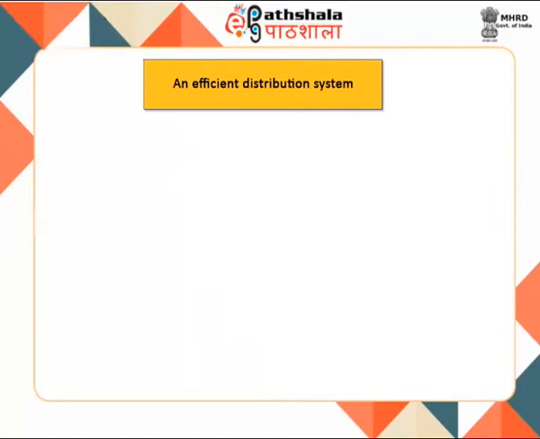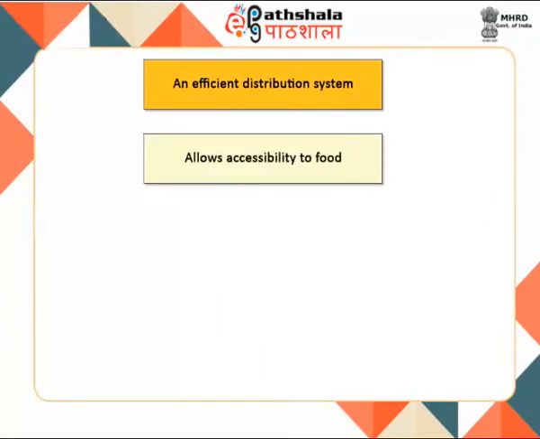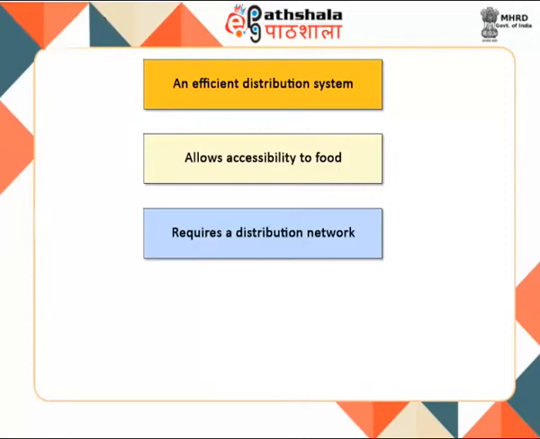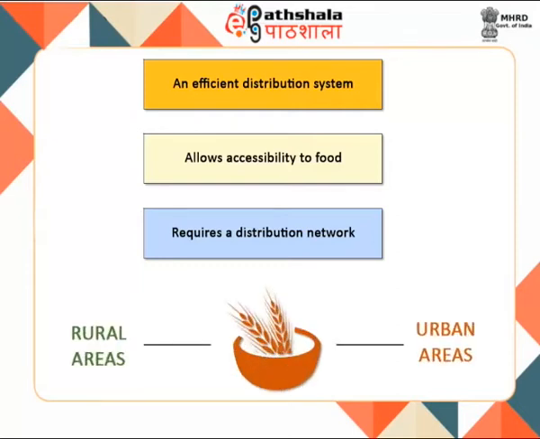An efficient distribution system which allows accessibility to food. This requires a distribution network, both state sponsored and market based, which can make food available to people in both rural and urban areas.